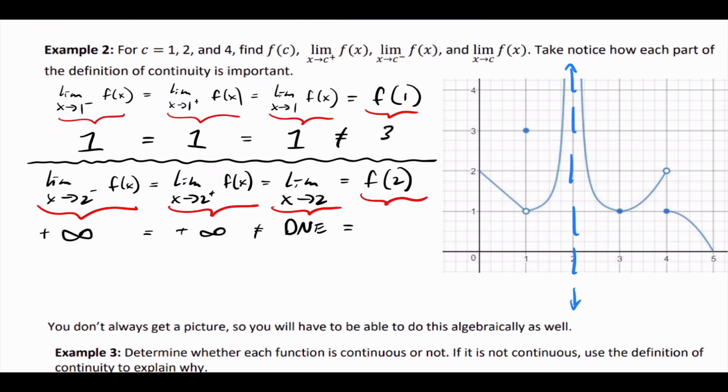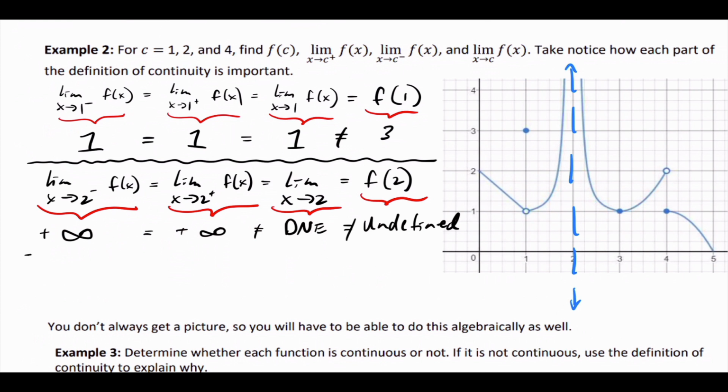Undefined. There is no answer at 2 because there's an asymptote there. Because those don't equal each other, that's why it's called the definition. This is the definition of continuity.